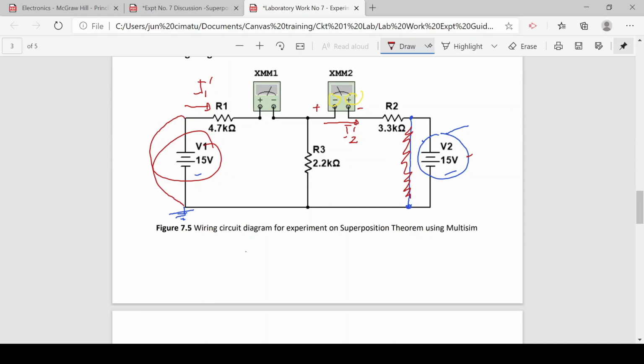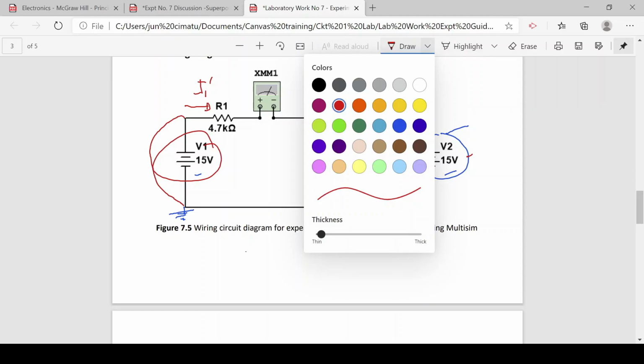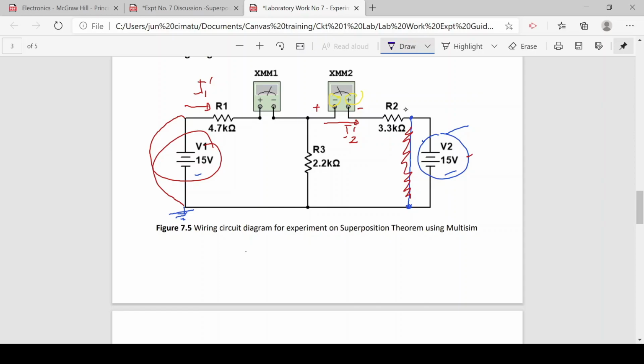So this time B sub 2 would supply its component currents in the direction towards the position of B1. And so this would be I sub 2 double prime, and here would be I sub 1 double prime.